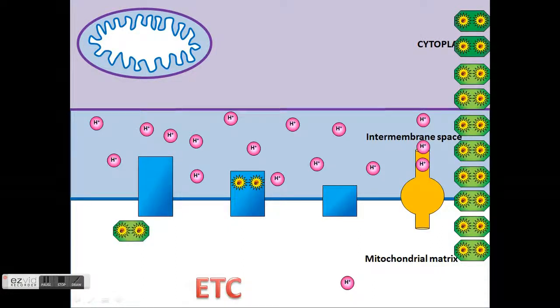The electrons are then passed from molecule to molecule in the inner membrane of the mitochondrion, losing some of their energy at each step. The final transfer involves the combining of electrons and hydrogen atoms with oxygen to form water. The molecules that take part in the transport of these electrons are referred to as electron transport chains.